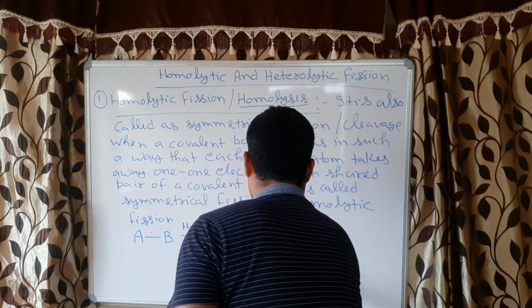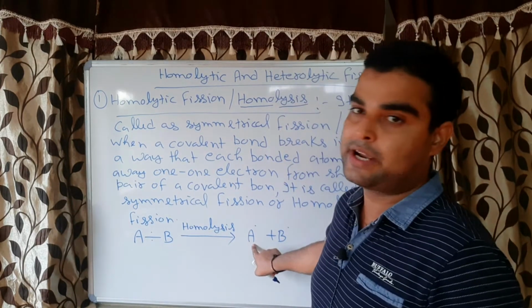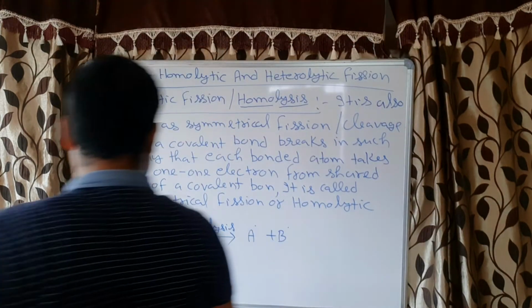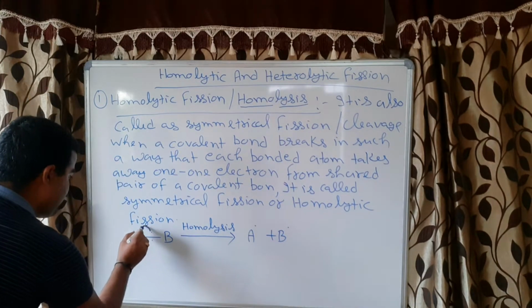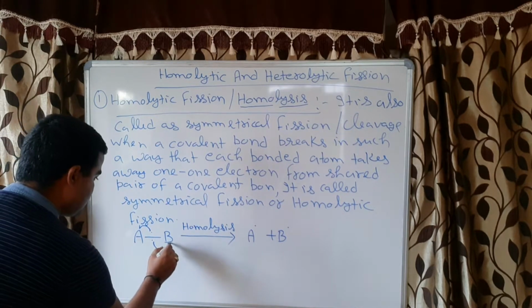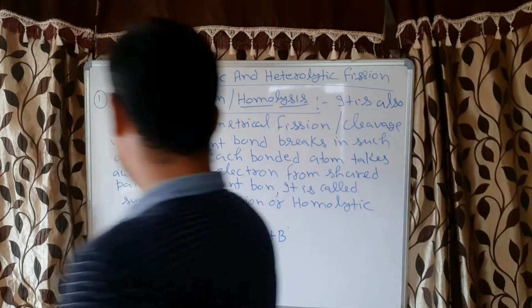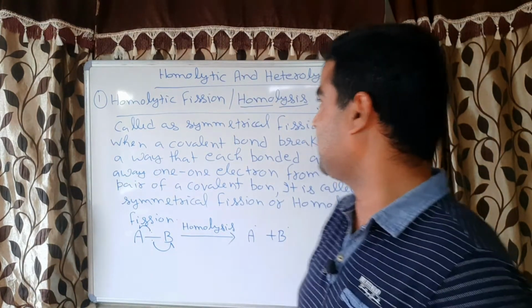So it will form A and B. Now each atom is taking away one electron, and that is represented by fish hook like arrow. So this is the fish hook like arrow. You can see here, in this fish hook like arrow there is only one-sided curve.